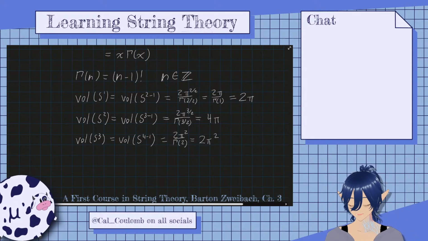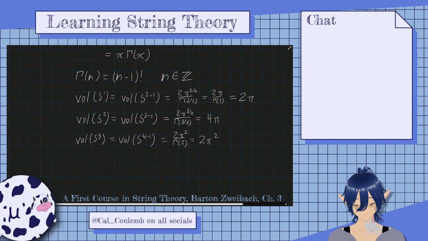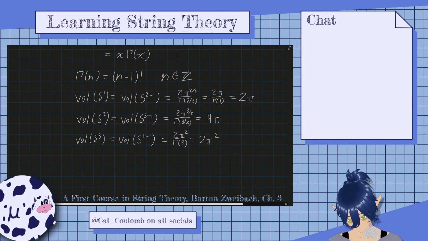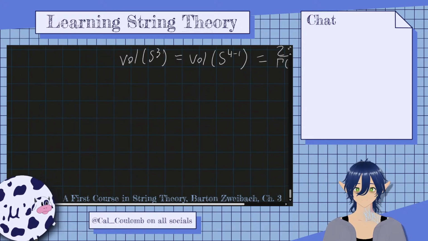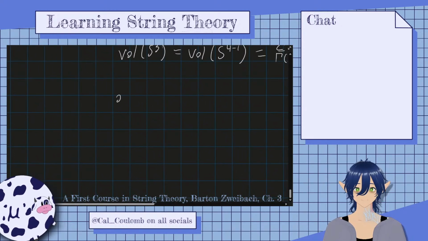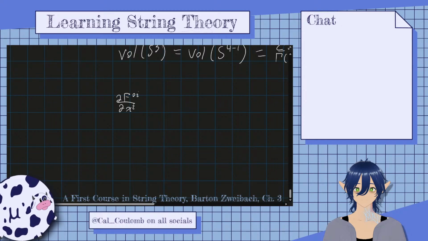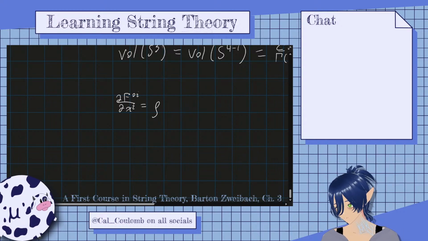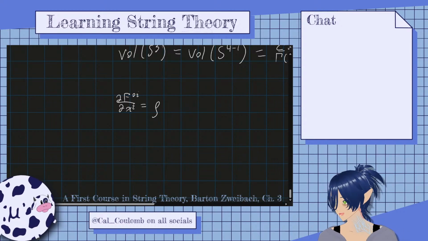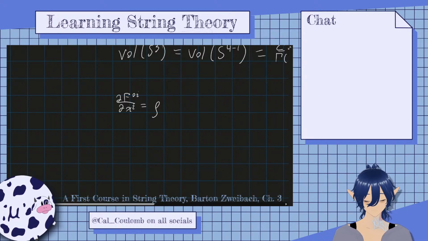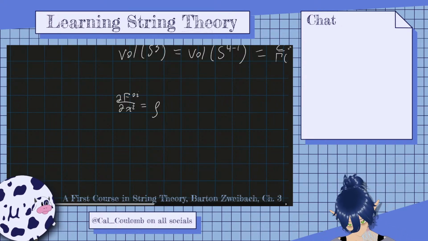Our computation is based on the 0th component of equation 3.34. So we have partial f 0i divided by partial xi is equal to rho. Since f 0i is equal to Ei, this is just Gauss's law.